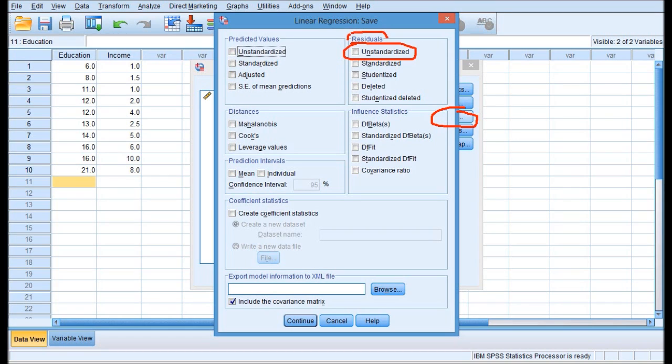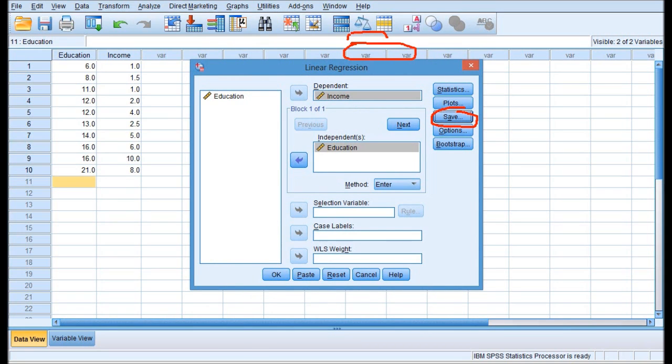Okay, just mark, click this unstandardized, continue, click the continue button at the bottom of this save pop-up window. Then click OK. Okay, at the bottom of the linear regression pop-up window. Click OK.